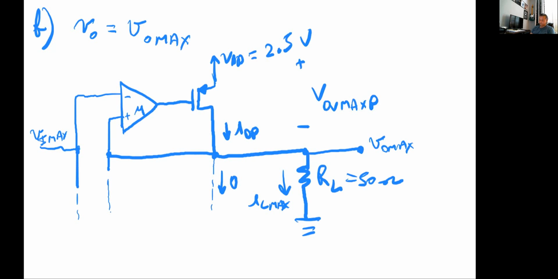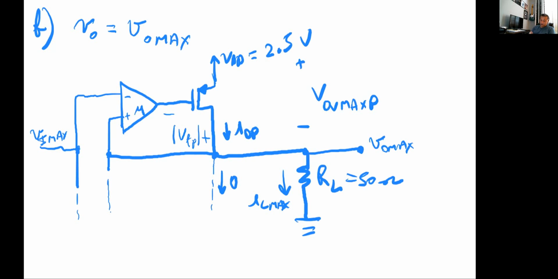And what that means is that from the drain to the gate of the P channel, here we have the absolute value of the threshold voltage with this polarity.